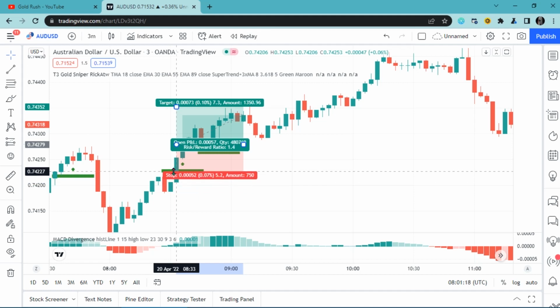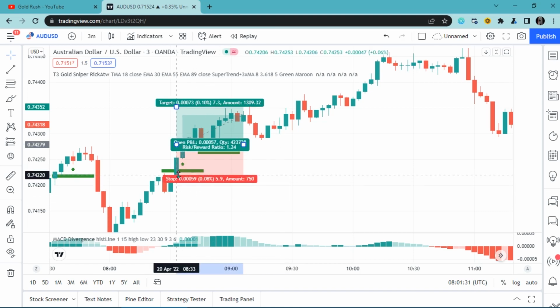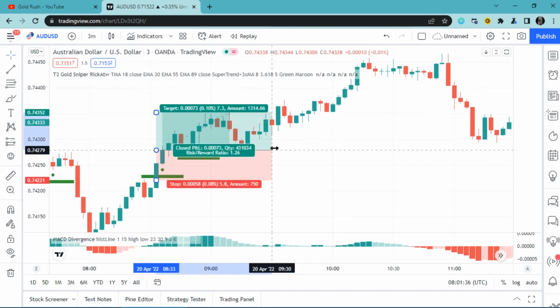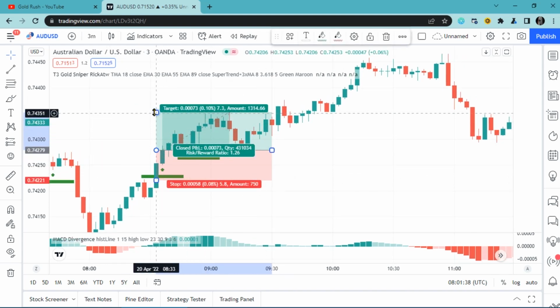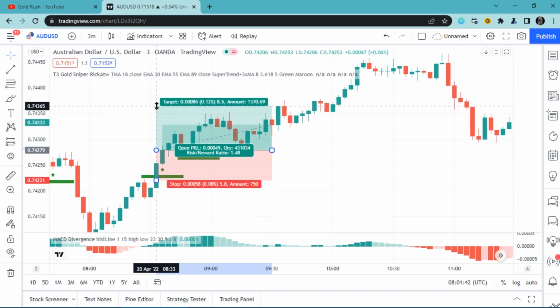This is sniper. It's little pips, but you're going to use bigger lot sizes so that you can enjoy profits from this. This is your stop loss a bit below here, and it's going to be a 1 to 1.5 risk to reward ratio.